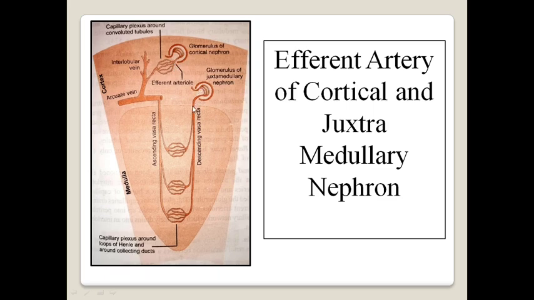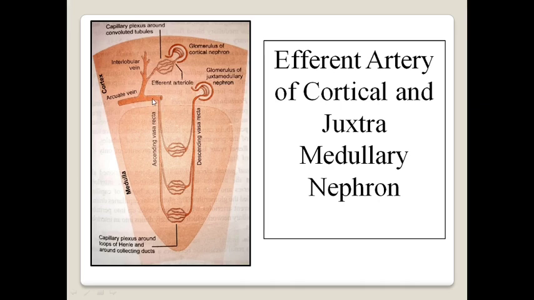See here, this is the efferent arteriole. So in the juxtamedullary nephron, it forms the vasa recta as the descending limb of this efferent arteriole, that is the descending vasa recta, and around the loop of Henle again it forms a parallel arrangement around the ascending limb of the loop of Henle as the ascending vasa recta.